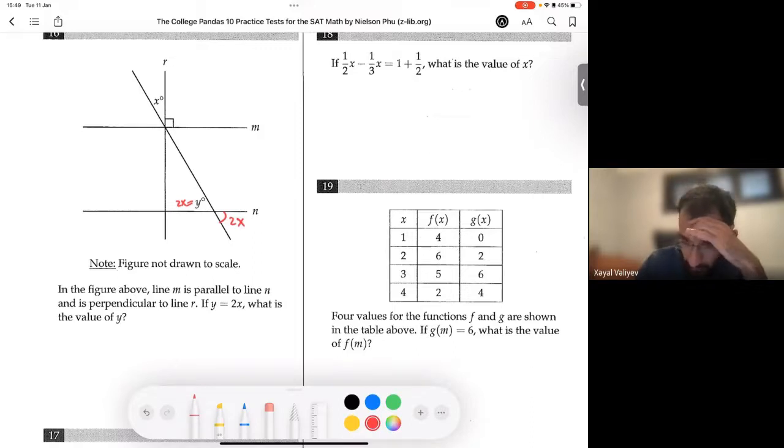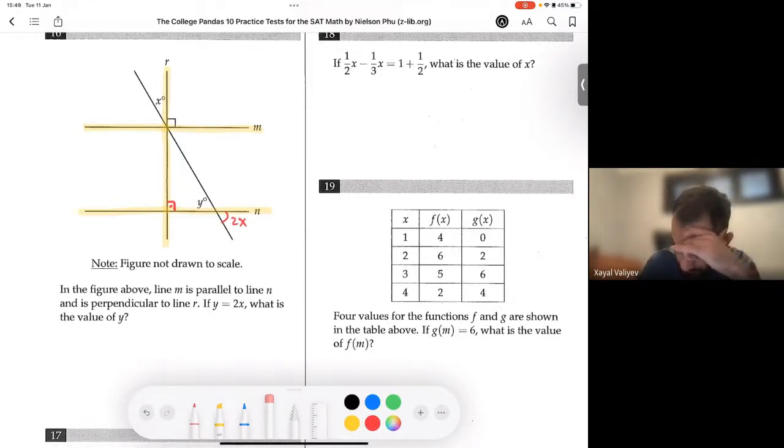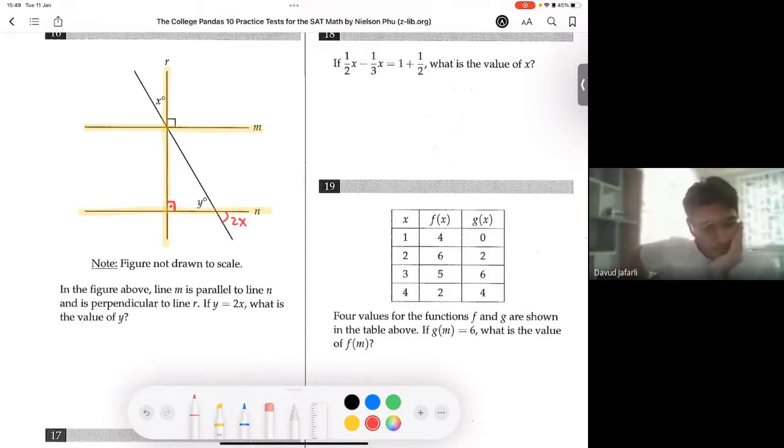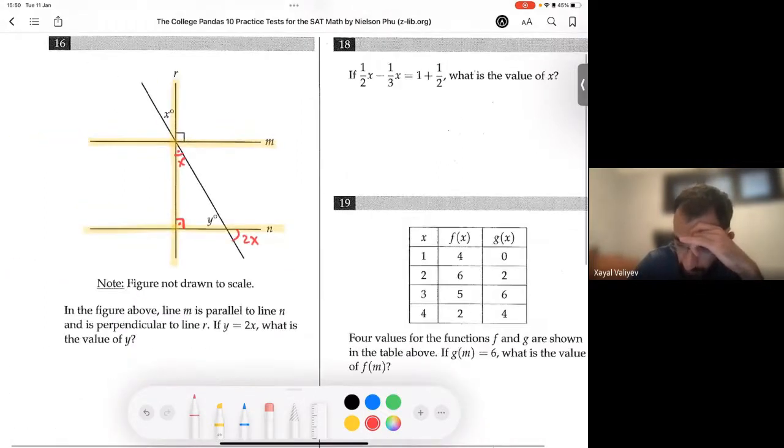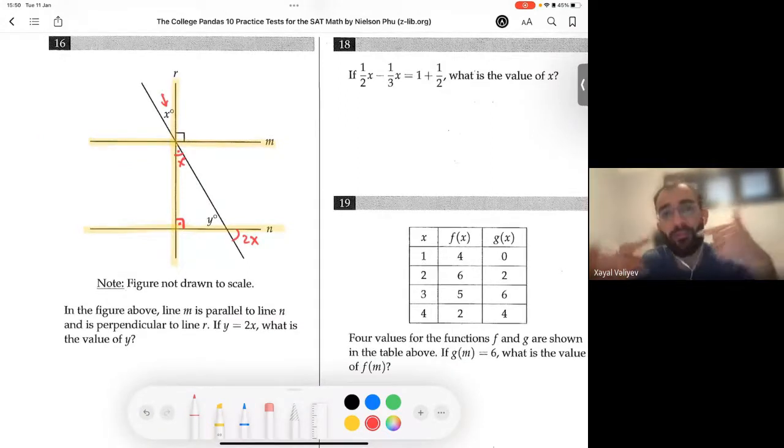But the thing is, if line R is perpendicular to line M, and line M is parallel to line N, that means line R is also perpendicular to line N. That means that angle, as I mentioned over here, would be 90 degrees. Did you get it? And that angle over here would be x degrees, because that x and this angle are vertically opposite.